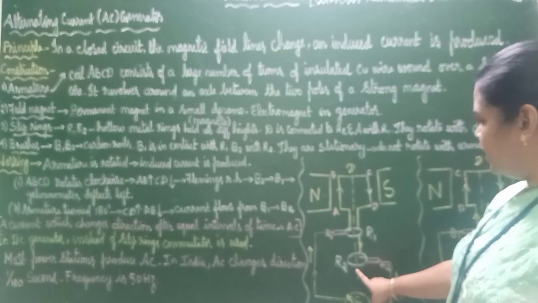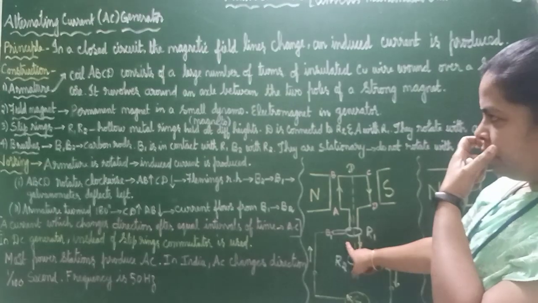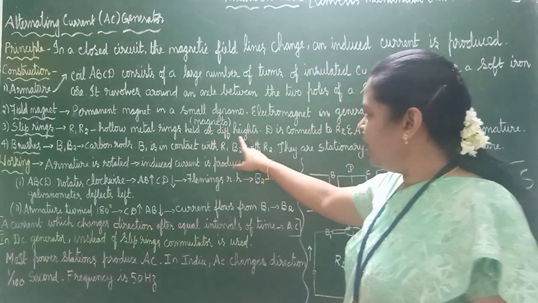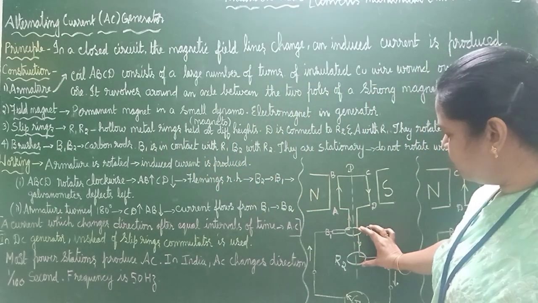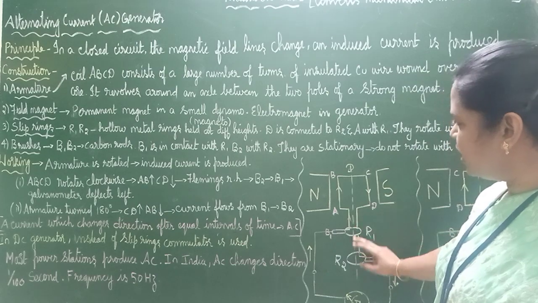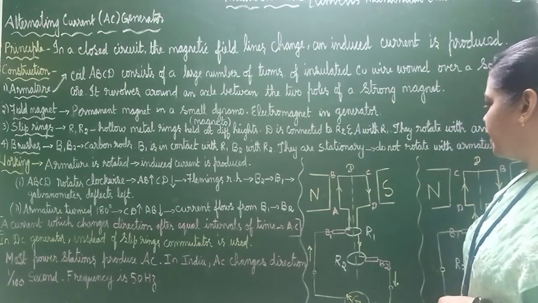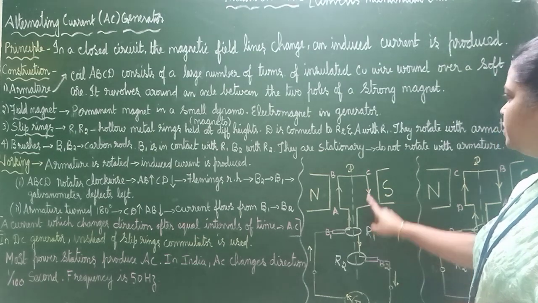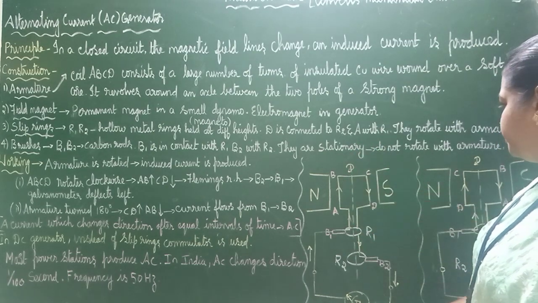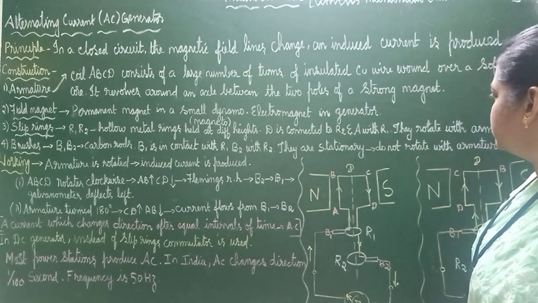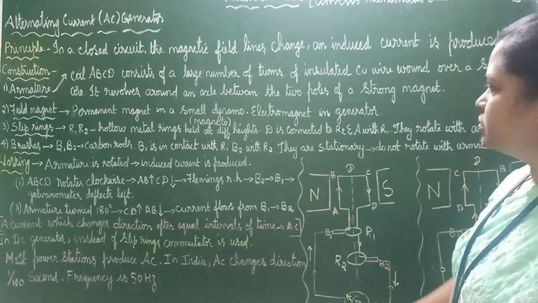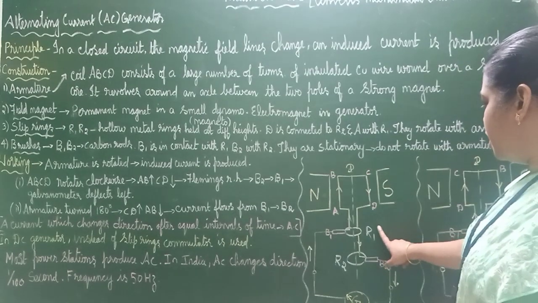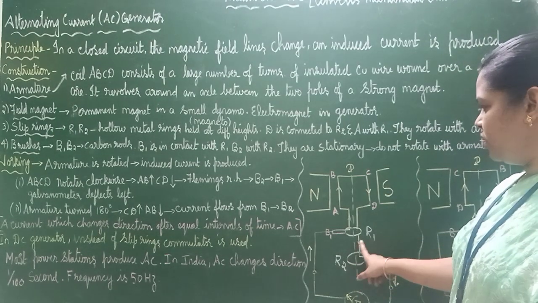See, two rings are there, R1 and R2. They are hollow metal rings held at different heights. It is not seen together, two different heights. D is connected to R2, and this is R1.